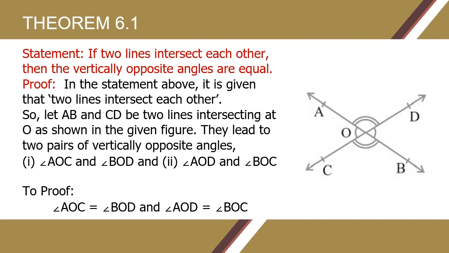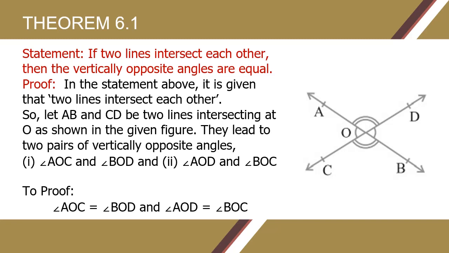Proof: In the statement above, it is given that two lines intersect each other. So let us suppose that AB and CD be two lines intersecting at point O as shown in the figure. They lead to two pairs of vertically opposite angles. First pair is angle AOC and angle BOD.